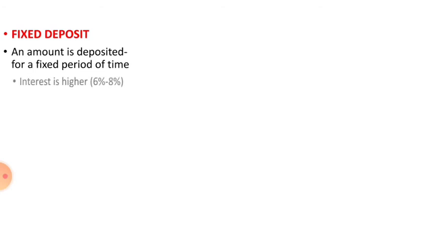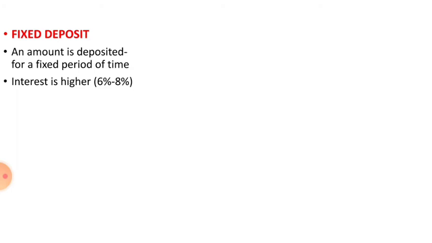The interest earned on the fixed deposit is much higher, that is 6 to 8%, as compared to the saving accounts. The rate of interest also depends on how long a person invests his money for. We cannot withdraw the amount until the period is completed.